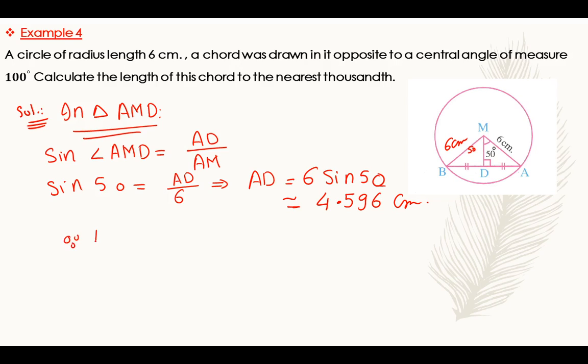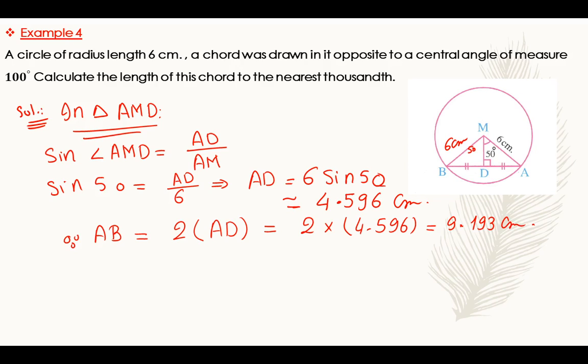The length of the chord AB equals 2 times AD. So the length of AB will be equal to 2 multiplied by 4.596, which is approximately 9.193 centimeter. Okay, this is example 4.